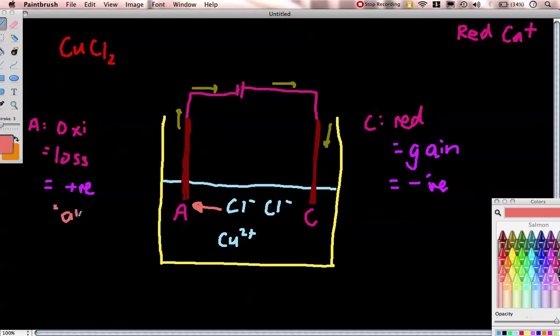So anions, because remember that's the name for a negative ion, anions are attracted to the anode, A and A. And in similar situation, if your cathode is establishing a negative charge, then it starts to attract the copper, or the cations.